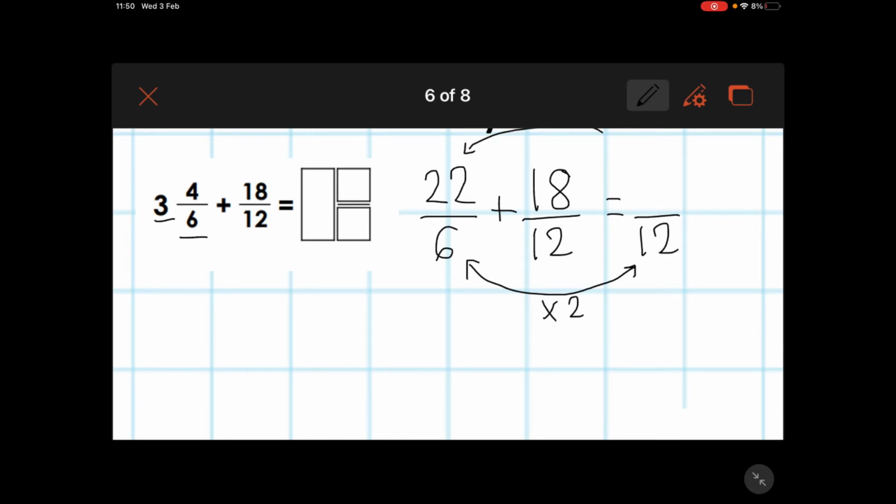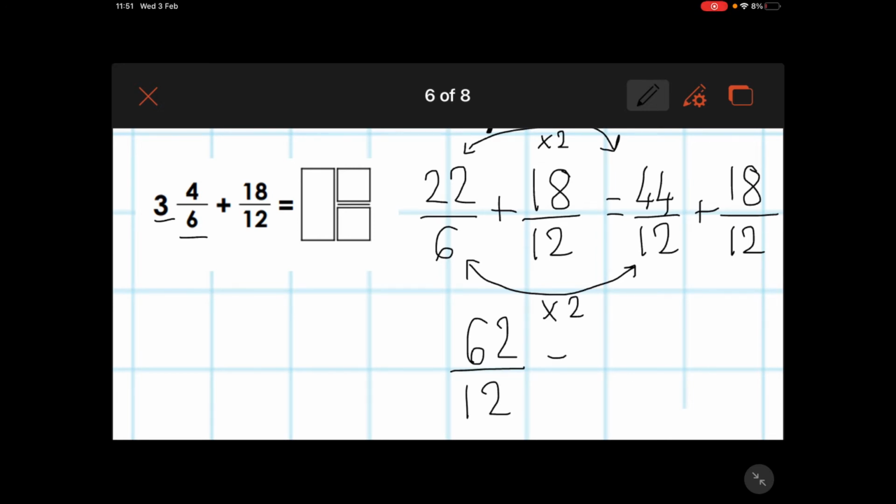Do the same to the numerator. 22 times 2 is 44. Add 18/12. I'm just going to go underneath, is 62 with the denominator of 12.